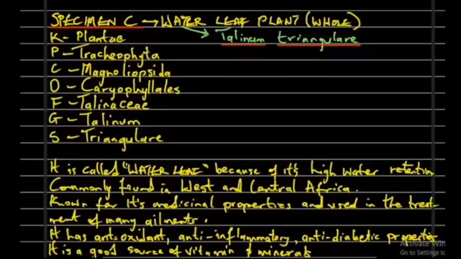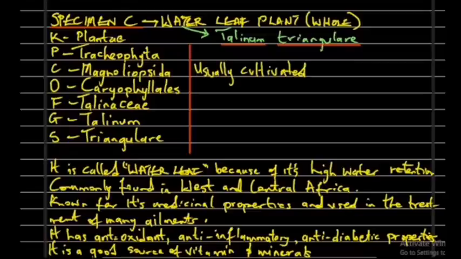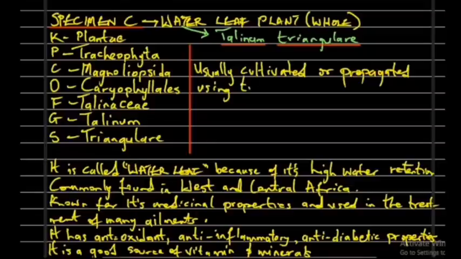It is usually cultivated or propagated using the tiny seeds it produces. So these are some of the things that we need to say about the Talinum triangulare.